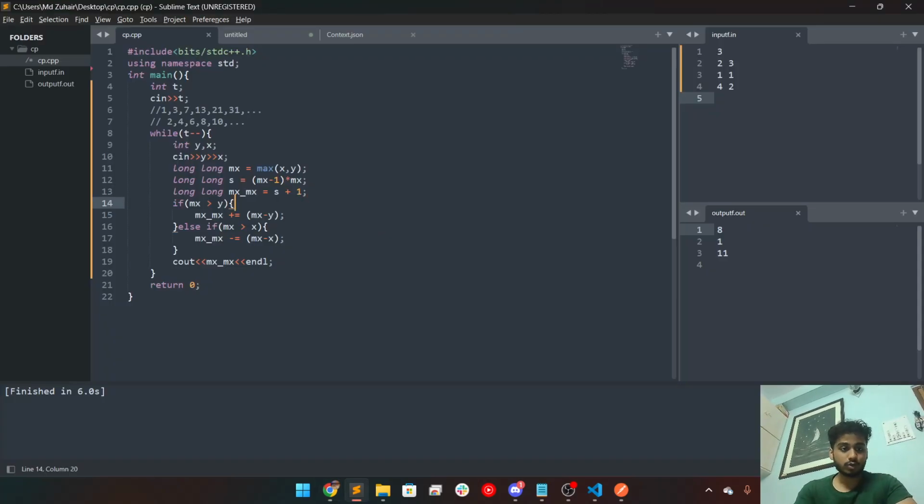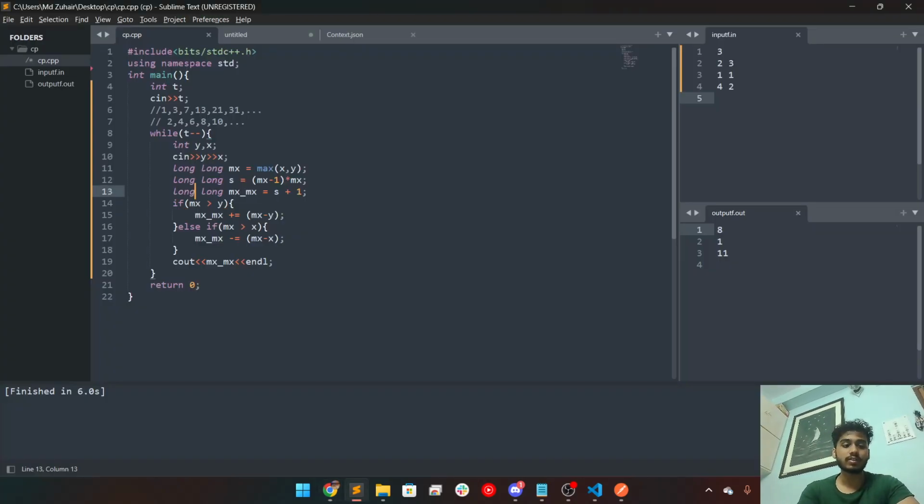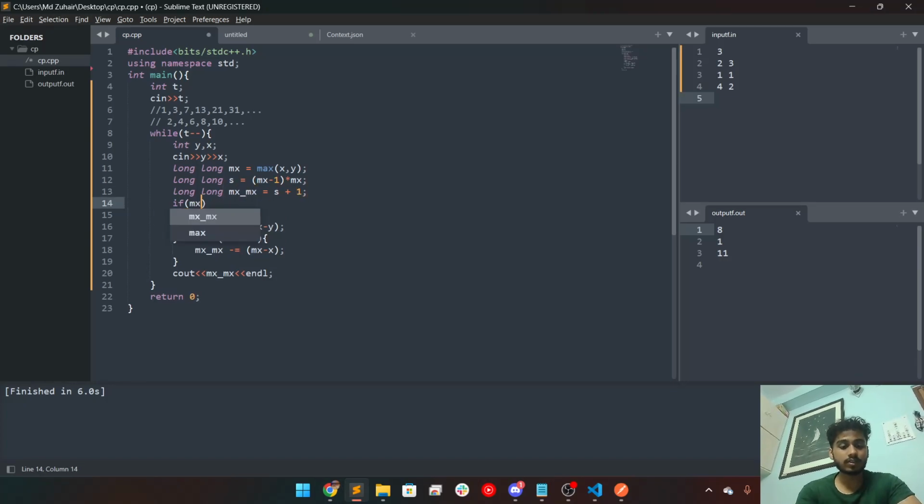Okay. So another twist is we need to check if mx is even or mx is odd. If mx is even, basically like this 3, then we have decrease or we have increase. If mx modulo 2 equal to 0, equal to 1, then we have to follow this.